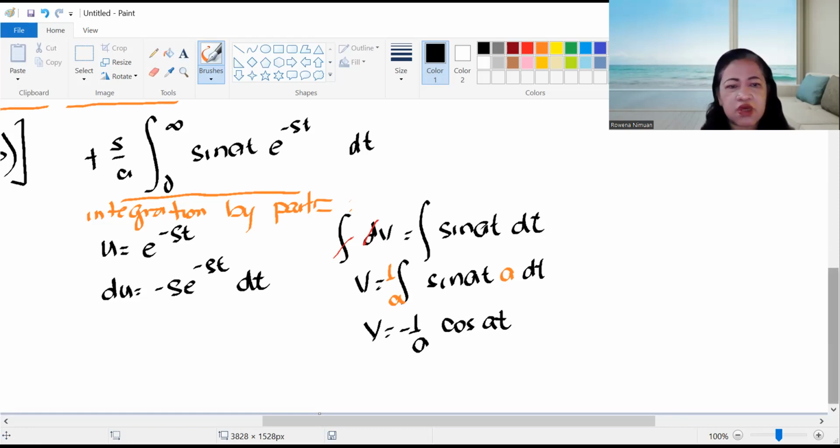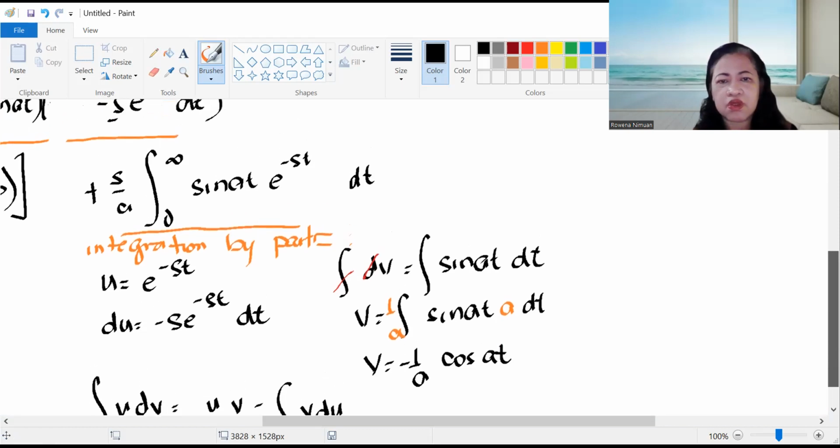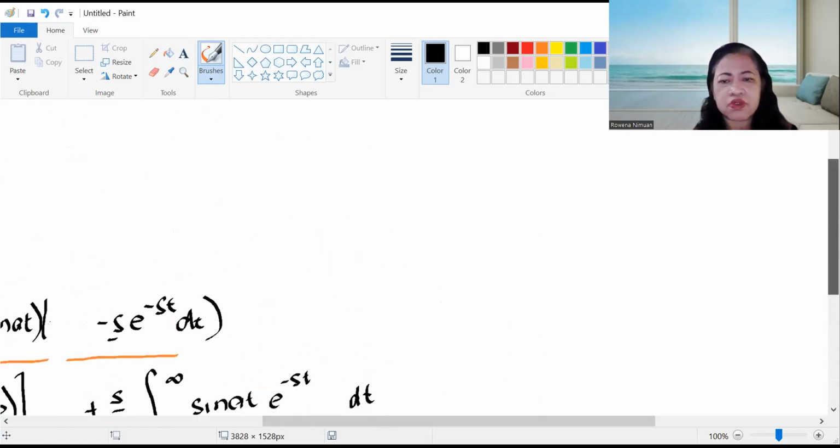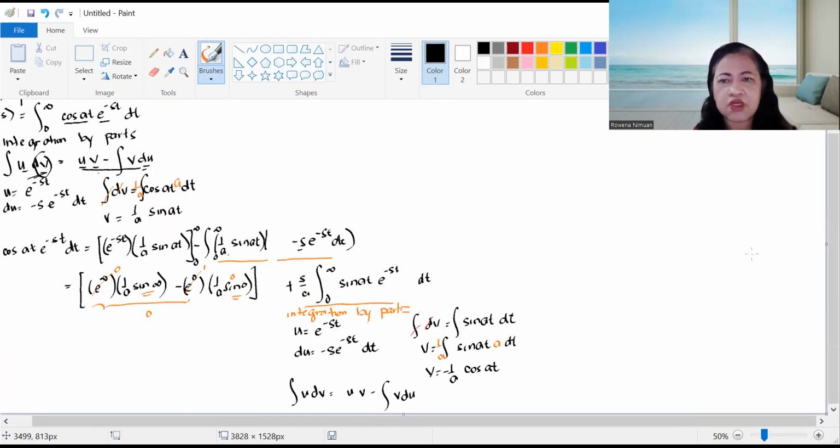Then to continue again, the integration by parts requires you to have the integral of u dv equivalent to u v minus the integral of v du. So let's continue this.